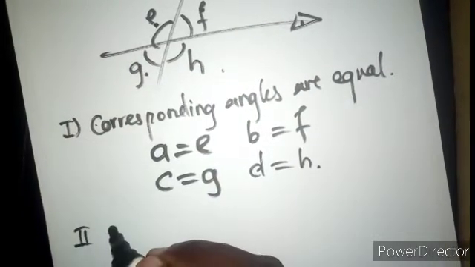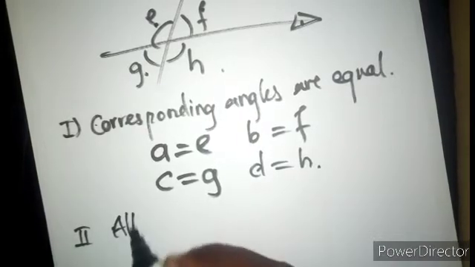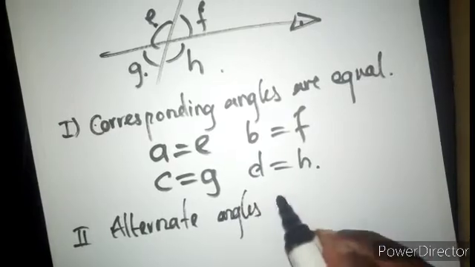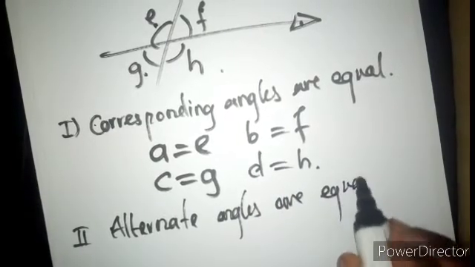The second is alternate angles. The alternate angles are equal.